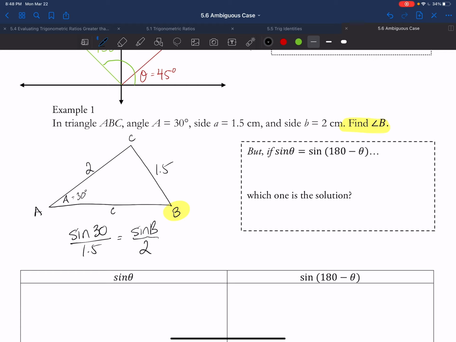So 2 sine 30 divided by 1.5 is sine B. So let me take out the calculator. 2 sine 30 divided by 1.5.